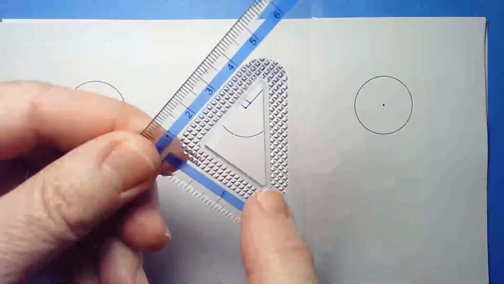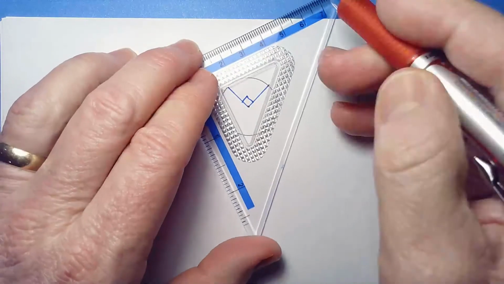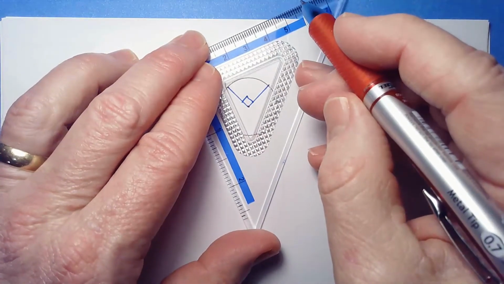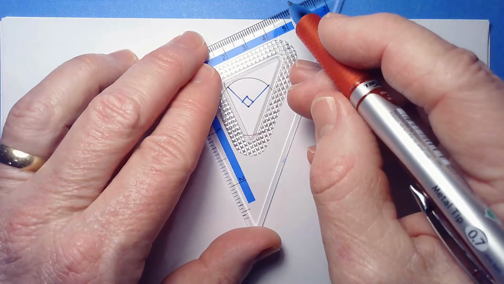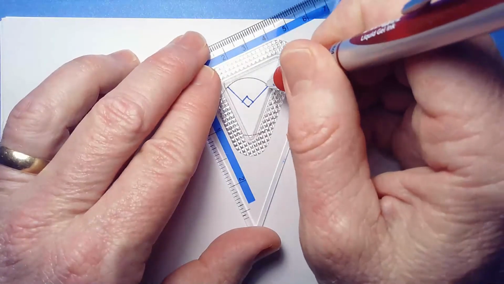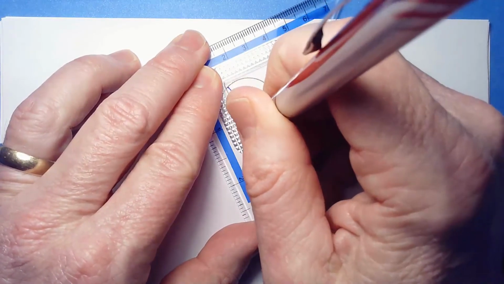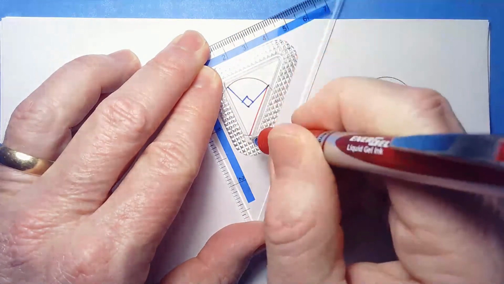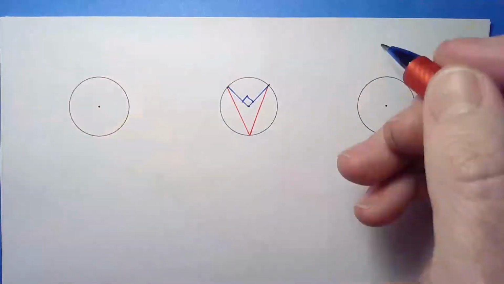Now again, like I said, this is an isosceles triangle, so these are going to be 45 degrees. And sure enough, if I line them up like this so that it's exactly over these two spots where the radius and the other radius intersect the circle, look what happens. This is pretty cool.